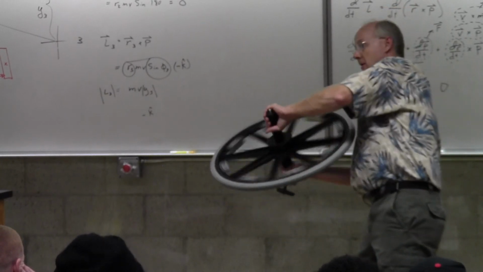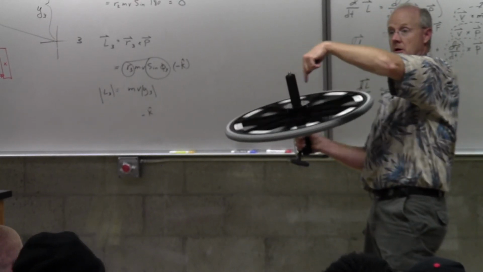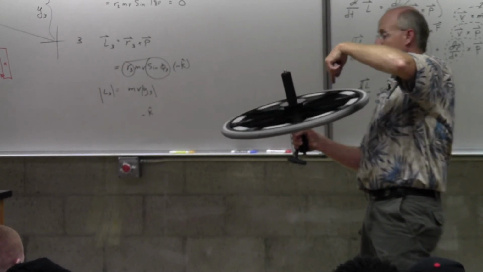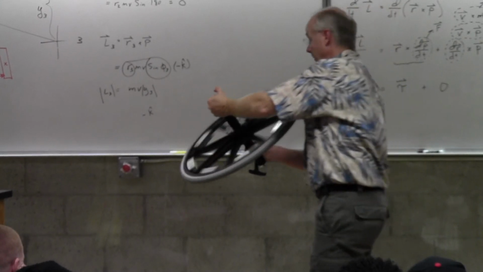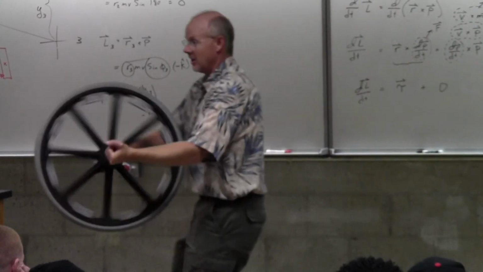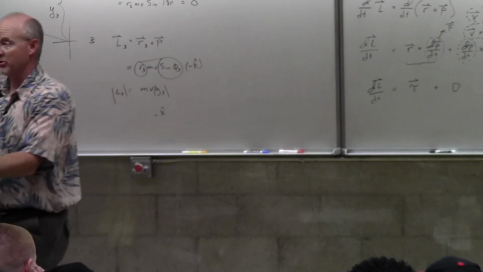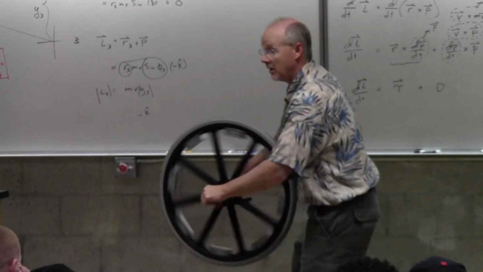Don't you lean the bike? And if you look from above, the wheel would be spinning counterclockwise. So you and the bike go clockwise. You get it straight, you go straight. You turn it this way, and now you turn the other way, right?